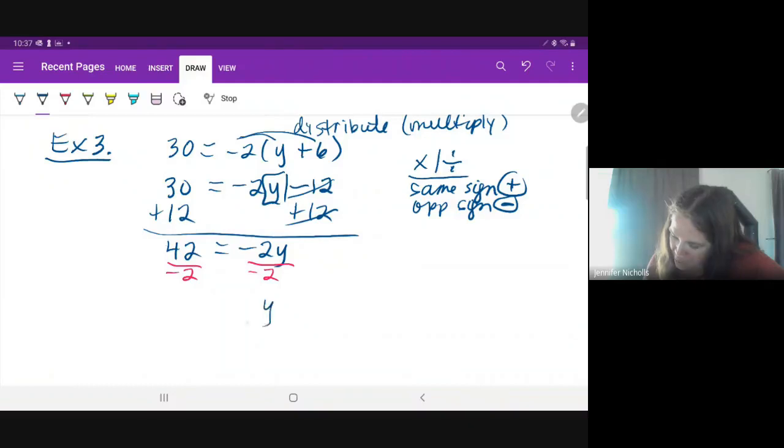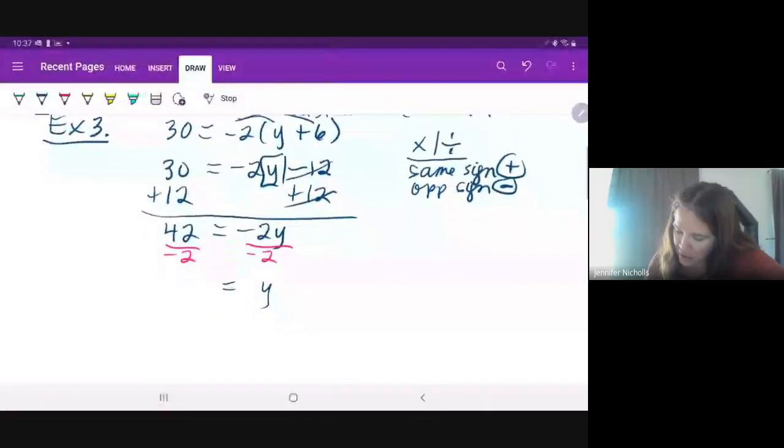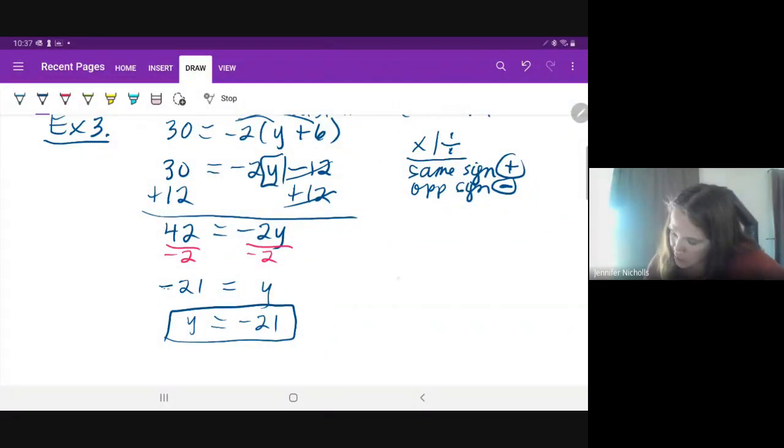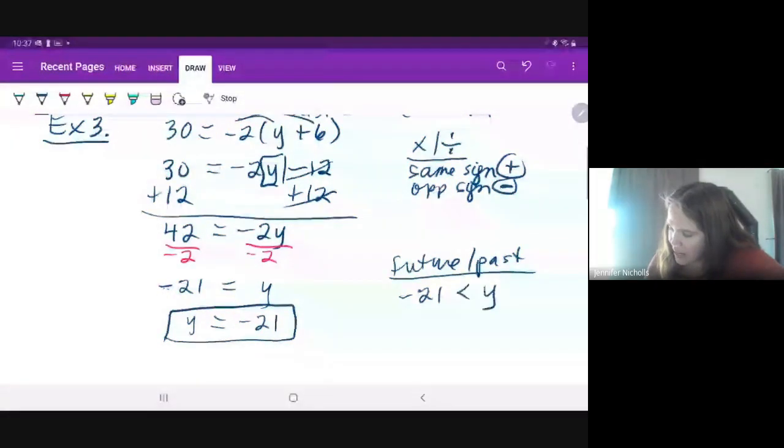Okay, so y equals, and actually it is important that you put the y on the right side first. So don't switch sides yet. -21. And then a new step, y equals -21. You've seen this before. If you had this and you switched them around, what else do you have to do?